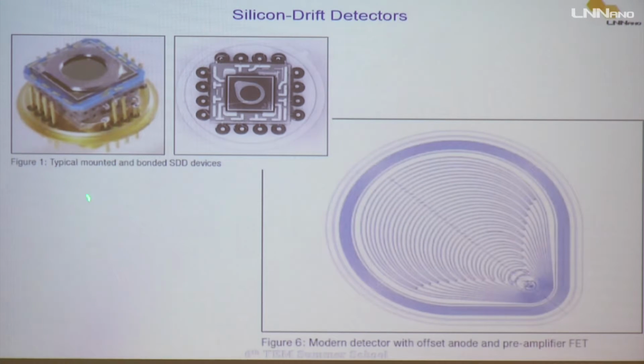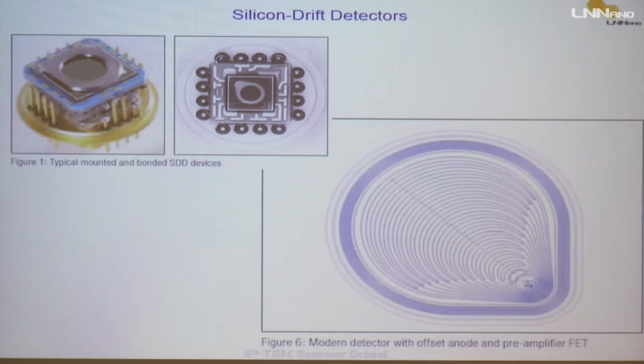Here is how it looks. Okay, you don't need liquid nitrogen temperatures anymore. You can work with Peltier cooling. Okay, and we have this shape. It's not circular anymore.